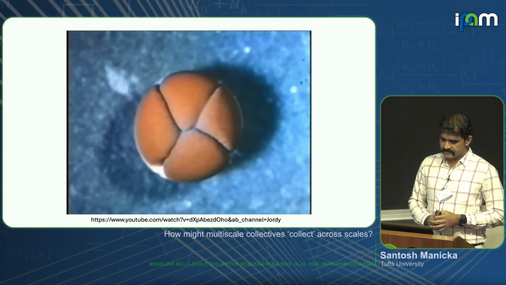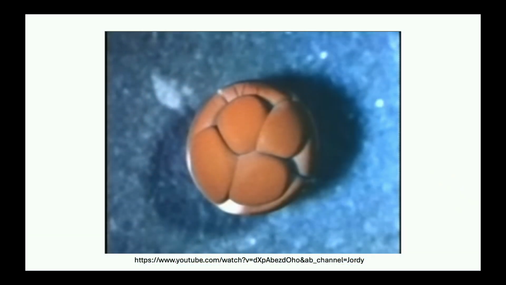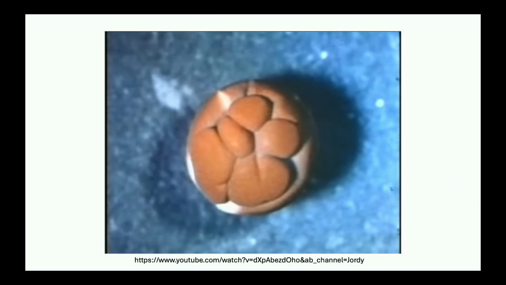The fertilized ovum undergoes rapid divisions and forms a blastula. Each division normally takes about 30 minutes.